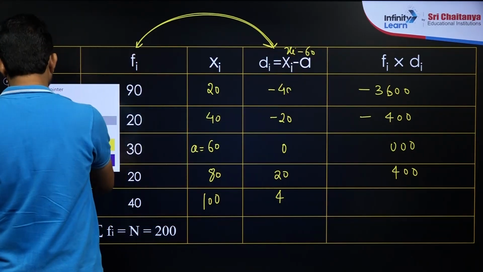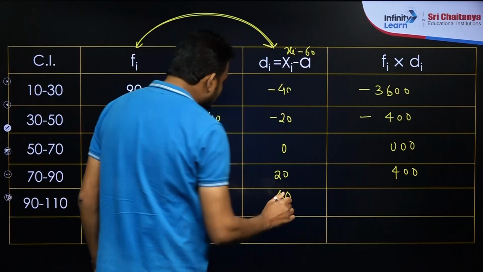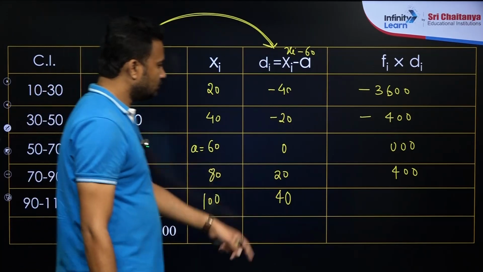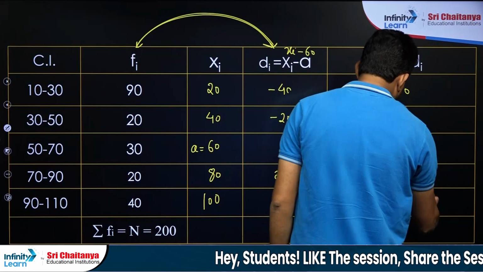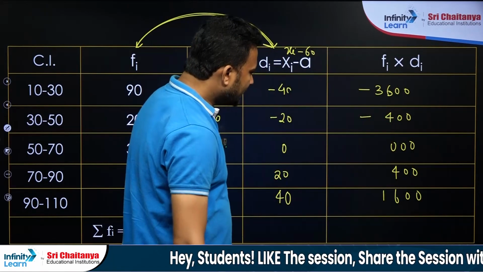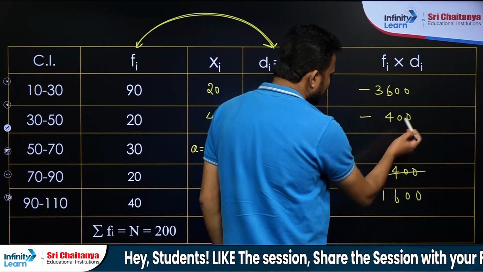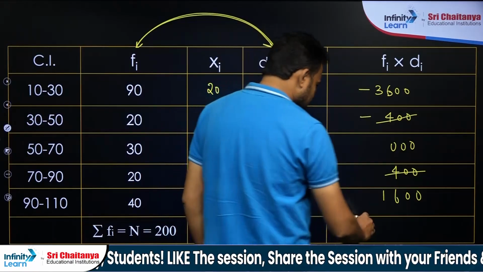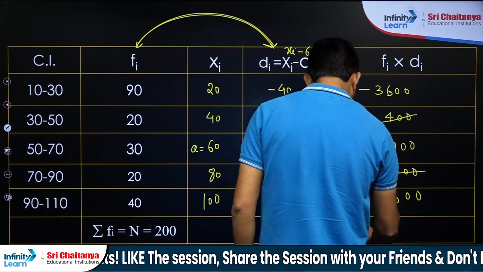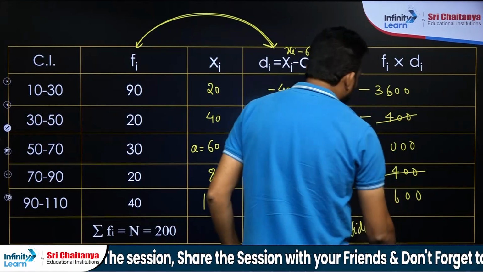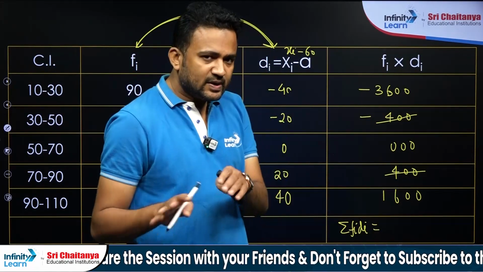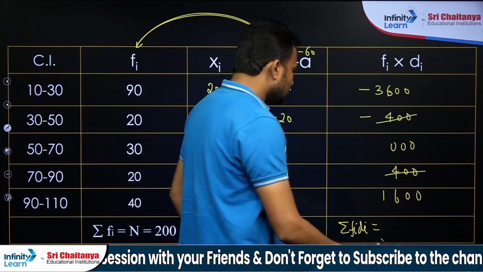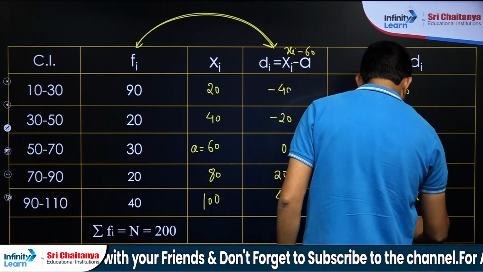So calculation is very important. 40 into 40 is 1600. Let us add them. The plus 400 and minus 400 cancel out. So the summation of fidi will be equal to minus 3600 plus 1600. Negative and positive is negative, so it will be minus 2000.